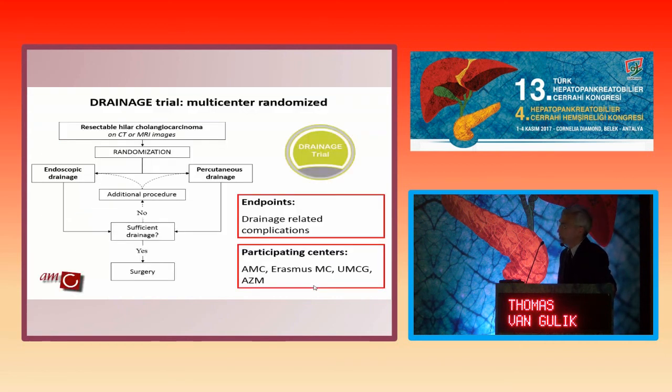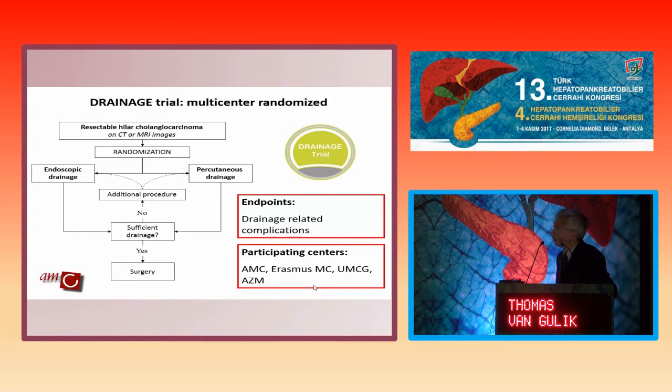So in the Netherlands, we decided to do a randomized trial. You know, we are very good in randomized trials in the Netherlands because we are a small country, we all know each other. And so it's possible to do a trial as complex as this in this setting. So that was a drainage trial, and we randomized patients into endoscopic drainage or percutaneous drainage, and we looked at the endpoints, drainage-related complications.